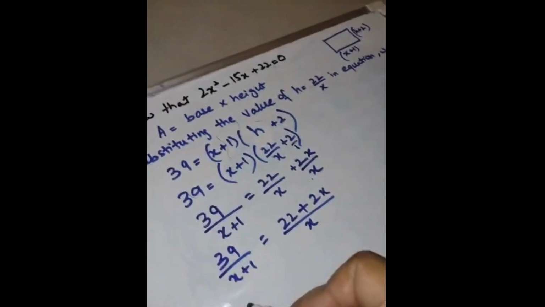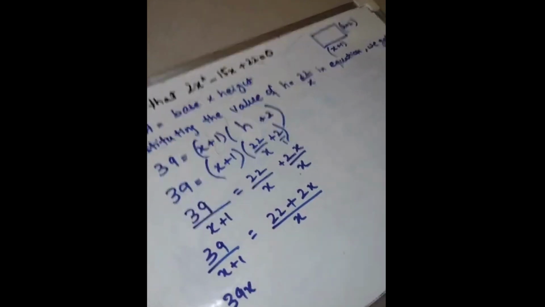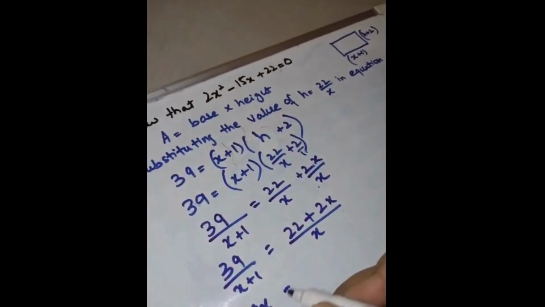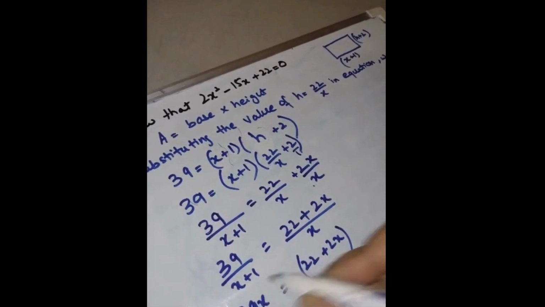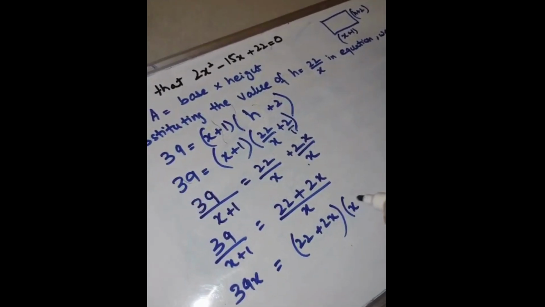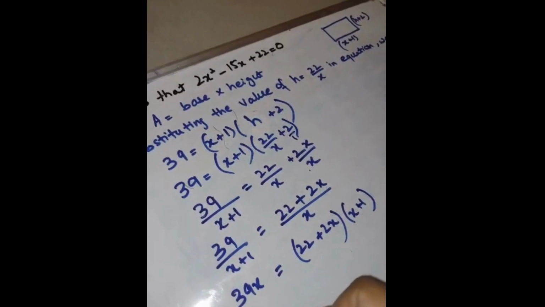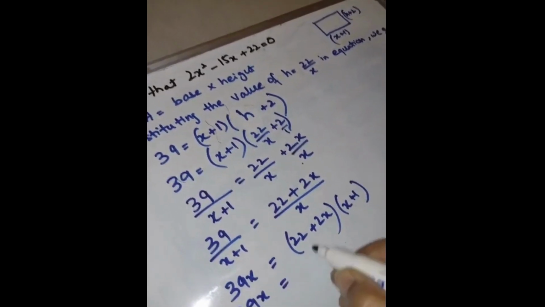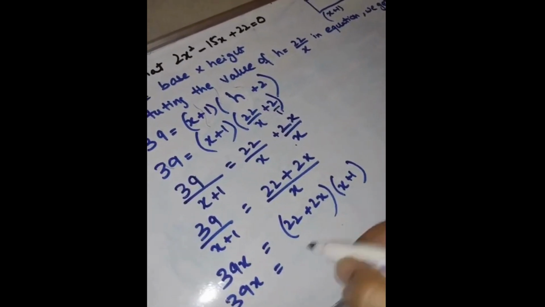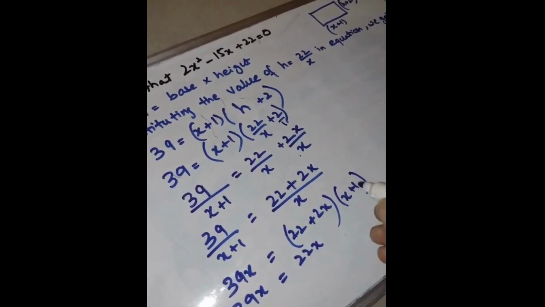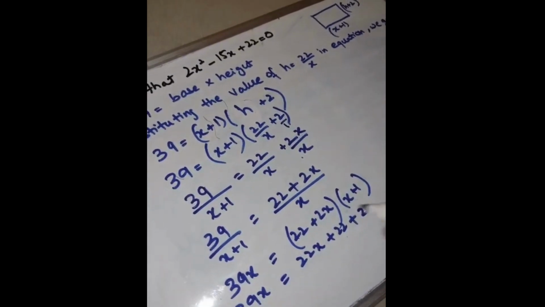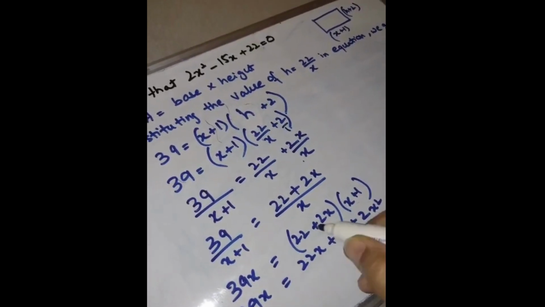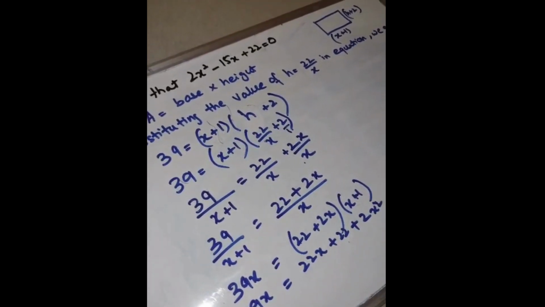This x will be multiplied with this, and this 22 plus 2x will be multiplied with this denominator. So it will become 39x, and if we expand it, it will become 22x plus 22 plus 2x square plus 2x.